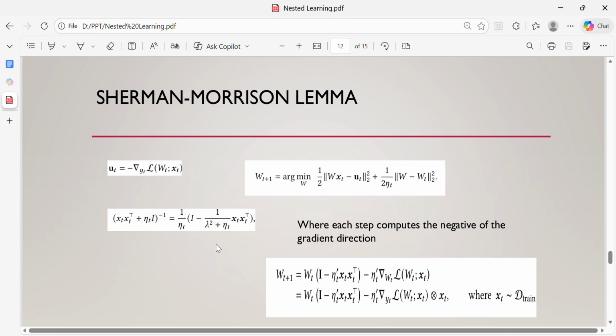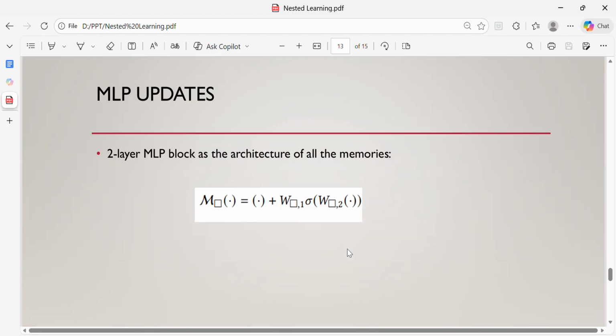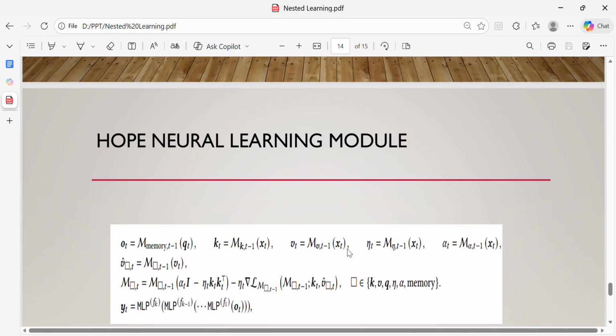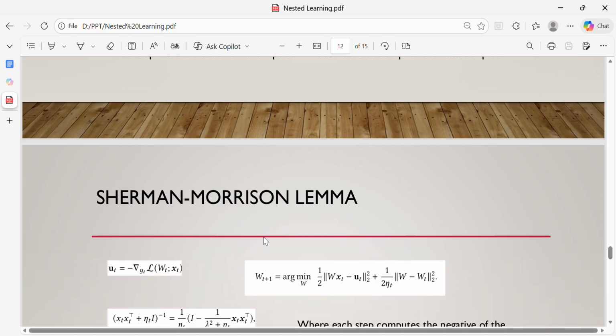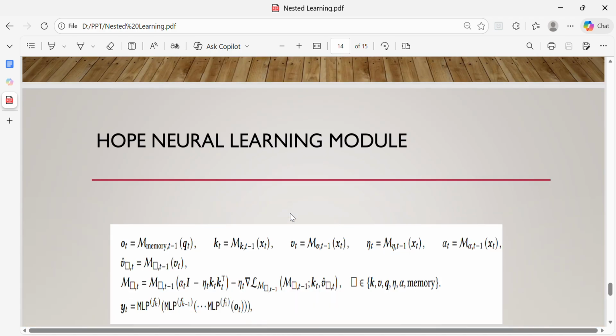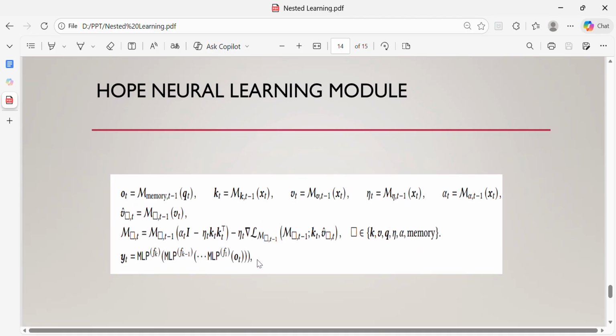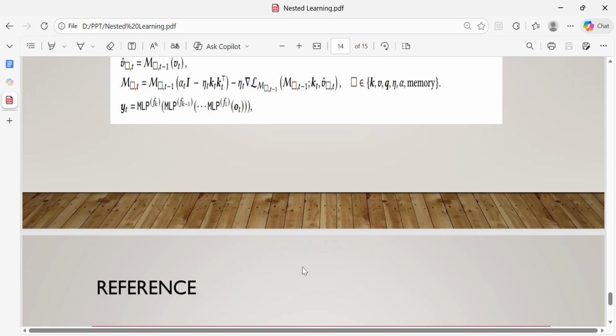So it is just writing in a different form, and if we use the Sherman-Morrison lemma, we will be getting the Hope neural network module in this format. This would be the new expansion of it. So it's just a different and clear representation of the lemma, so we don't have to do other things.